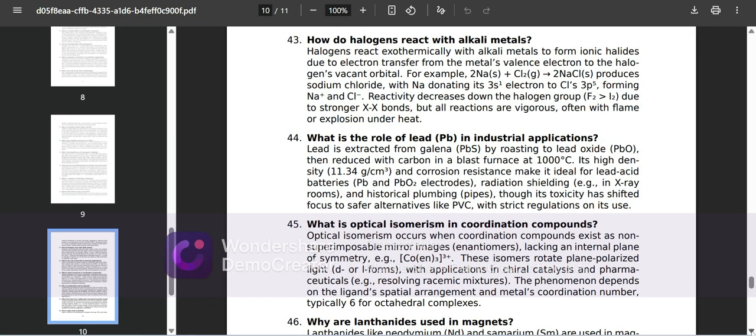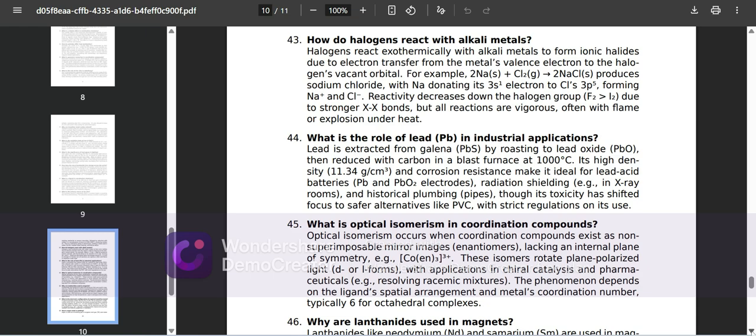How do halogens react with alkali metals? Halogens react exothermically with alkali metals to form ionic halides due to electron transfer from the metal's valence electron to the halogen's vacant orbital. For example, 2Na solid plus Cl2 gas equals 2NaCl solid, producing sodium chloride, with sodium donating its 3s1 electron to chlorine's 3p5, forming sodium plus and chloride minus.